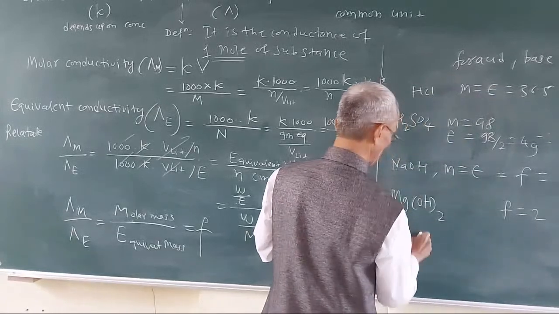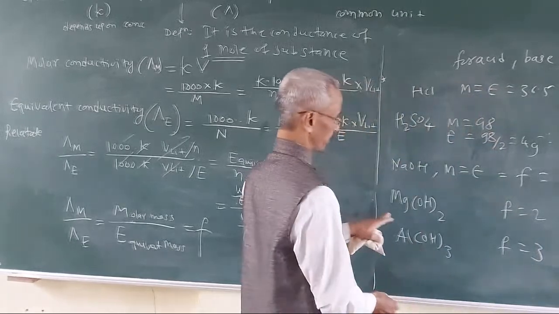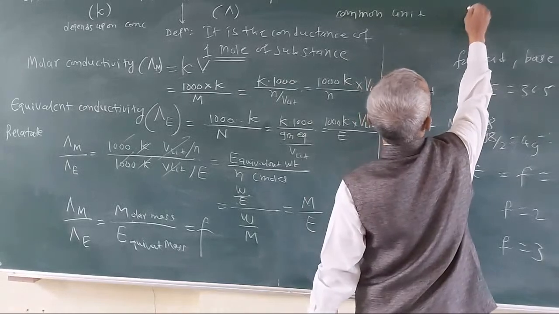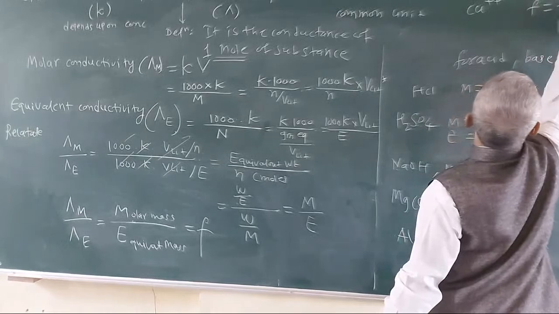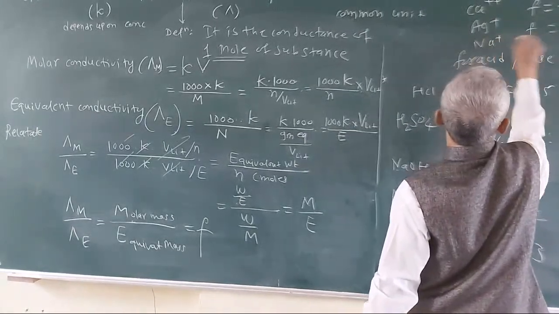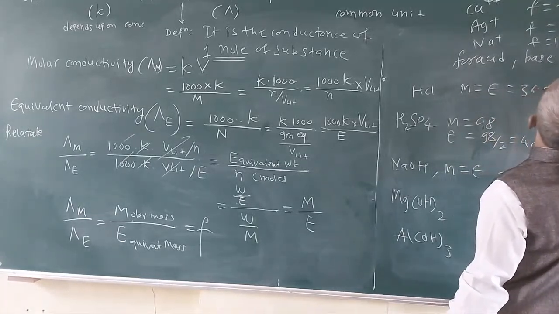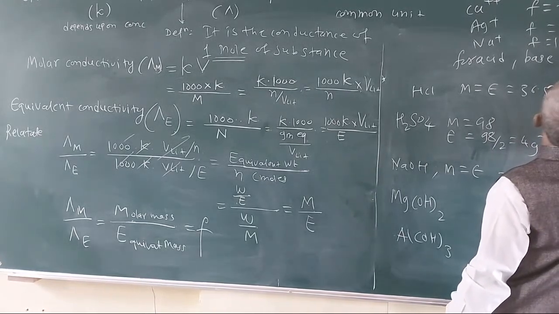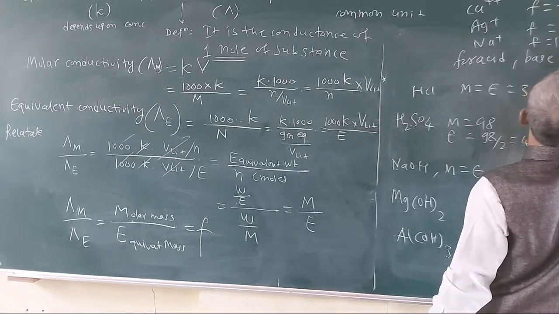If you consider aluminum hydroxide, F is equal to 3 because molar mass and equivalent mass are different. Or if you consider salts like copper, then F is equal to 2, or silver F is equal to 1, sodium F is equal to 1, or if you consider aluminium, then F is equal to 3, etc. Or chloride, F is equal to 1.